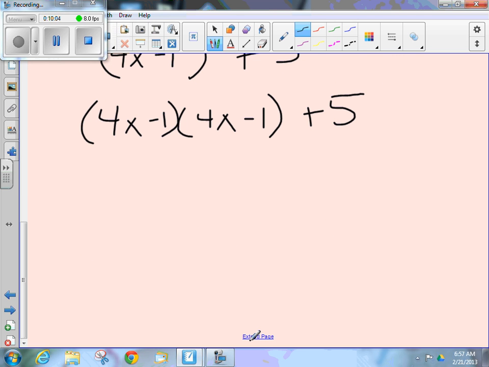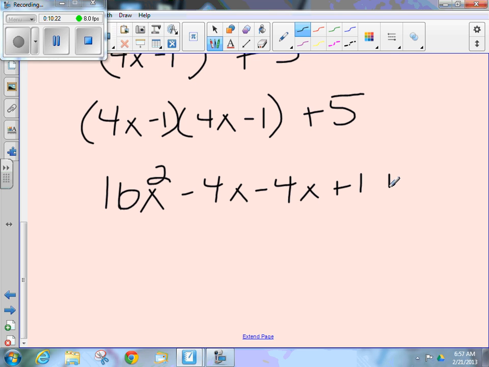The 4x times 4x is a 16x squared. 4x times negative 1 is a negative 4x. Negative 1 times 4x is a negative 4x. And a negative 1 times a negative 1 is a positive 1. Don't forget about the plus 5 in the very back.